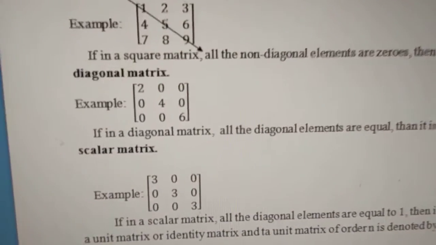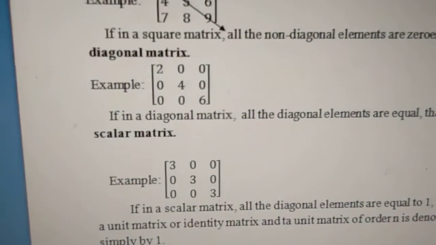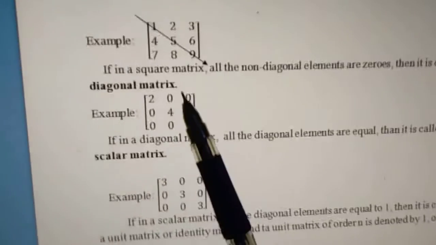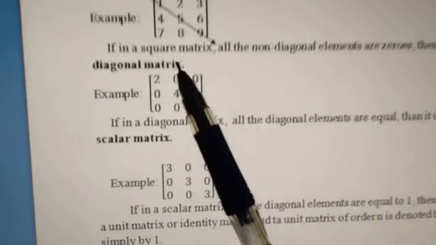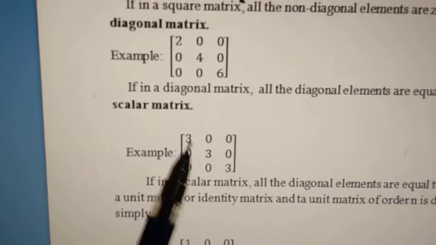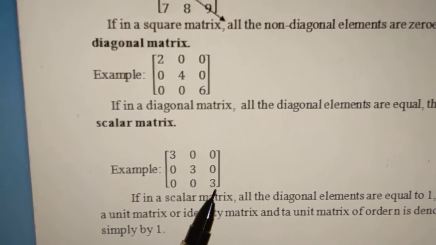So there is another kind of matrix called a scalar matrix. Please observe these two things. Here is the 1 and here is the 1. What makes a difference? Here also 0, 0, 0, 0, 0, 0 is there. And please observe the diagonal matrix here, 3, 3, 3 it is there.